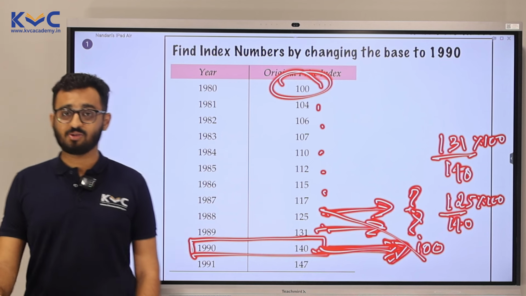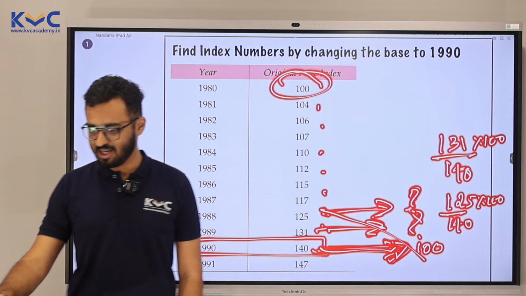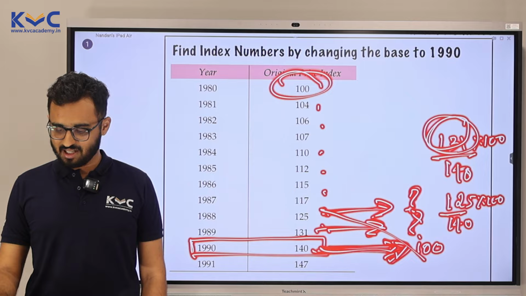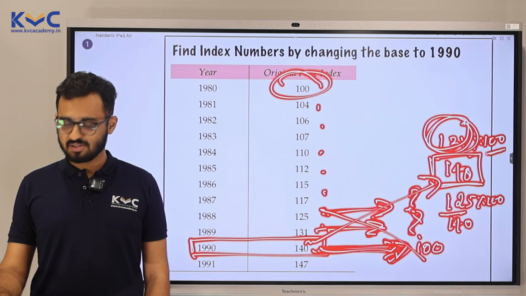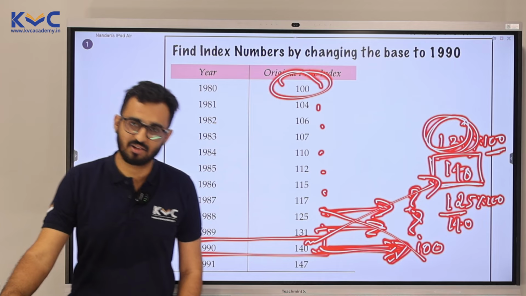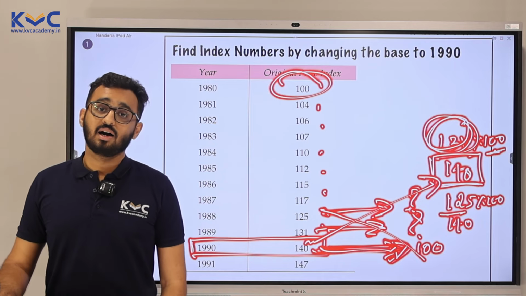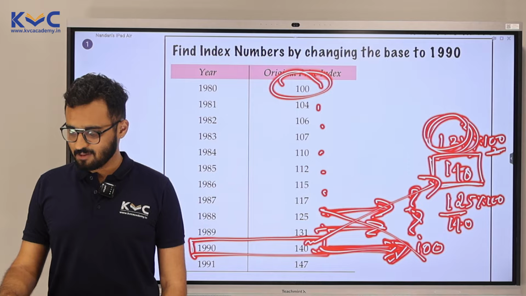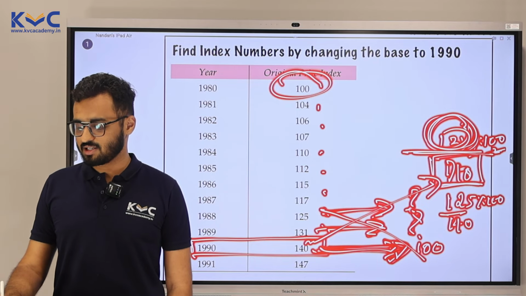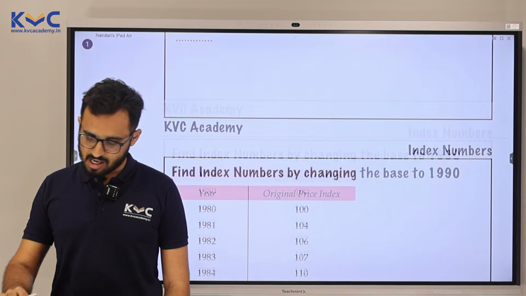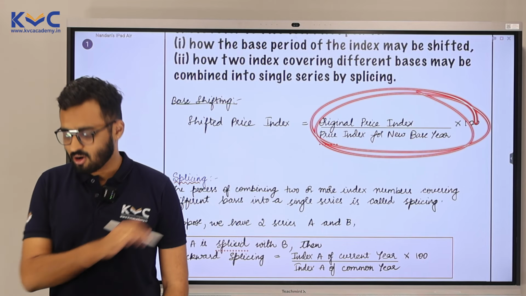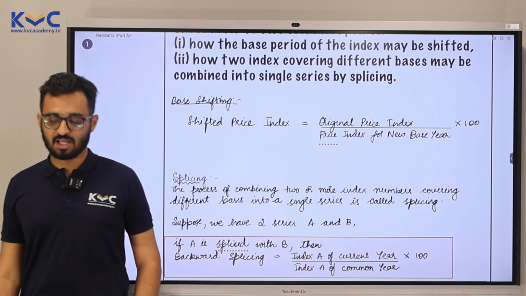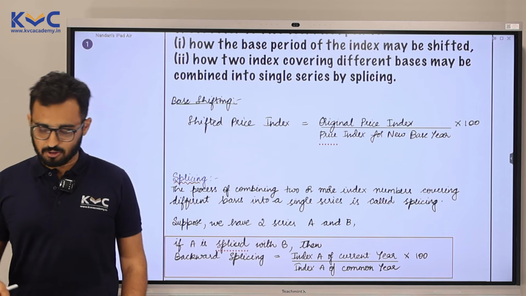So now if I want to make this into a formula, what is the formula? The original price index divided by price index of the new base year into 100. Understood? That is how we come to the formula of shifting: original price index divided by price index for the new base year into 100. Is that the formula? Yes.